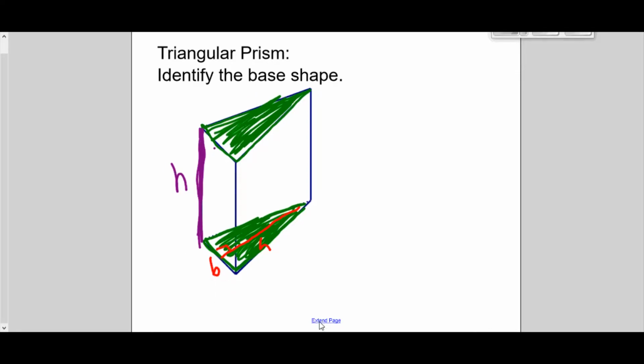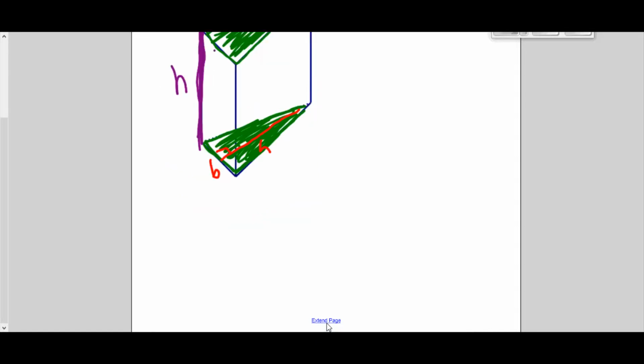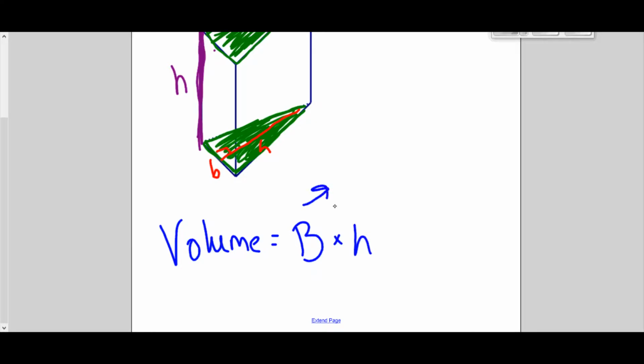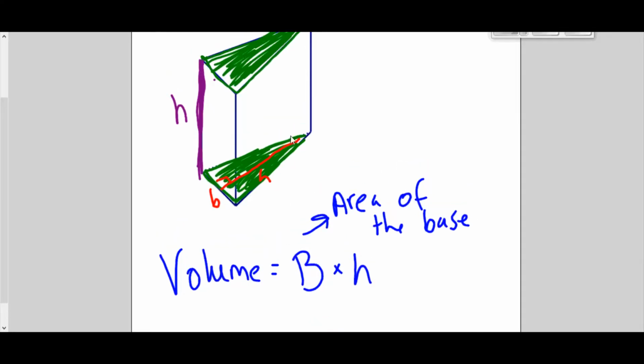So for a triangular prism, the volume formula is the area of the base times the distance between the bases. But remember, the big B means area of the base. So remember, the base refers to the bottom and the top of this figure here.